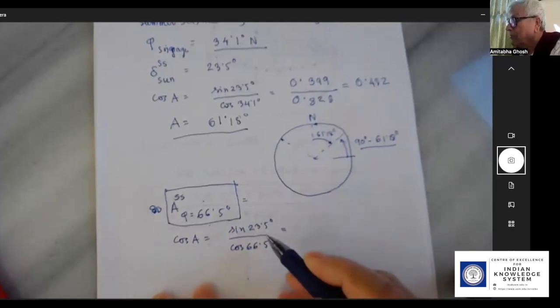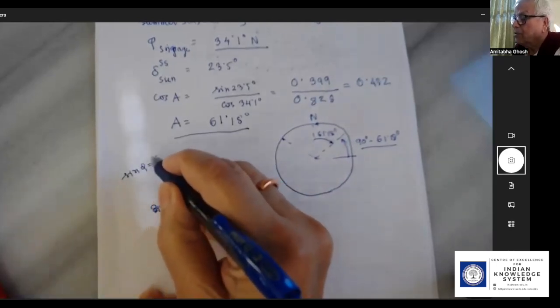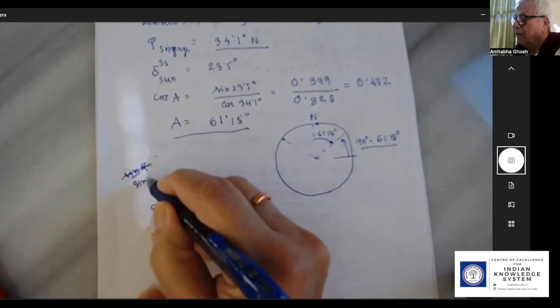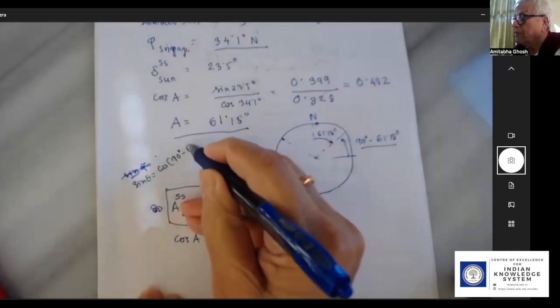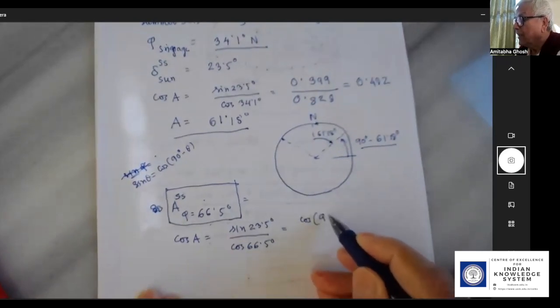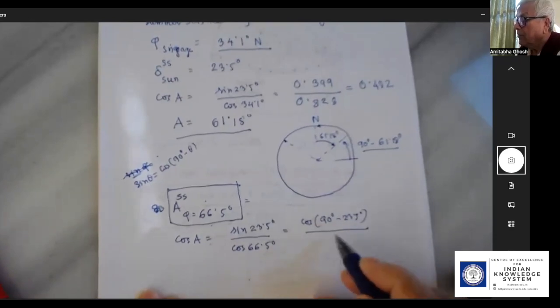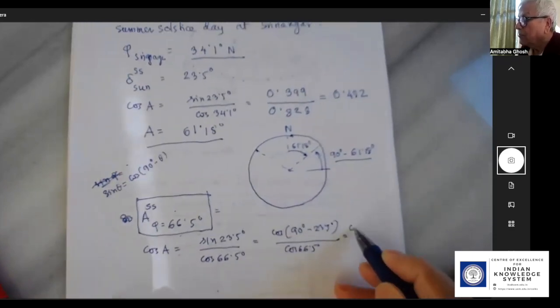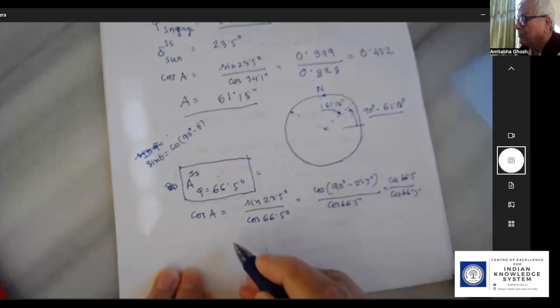Now you know that sine theta is equal to cosine 90 degree minus theta and vice versa. So can you not write it as cosine 90 degree minus 23.5? So this is equal to cosine 66.5 by cosine 66.5.